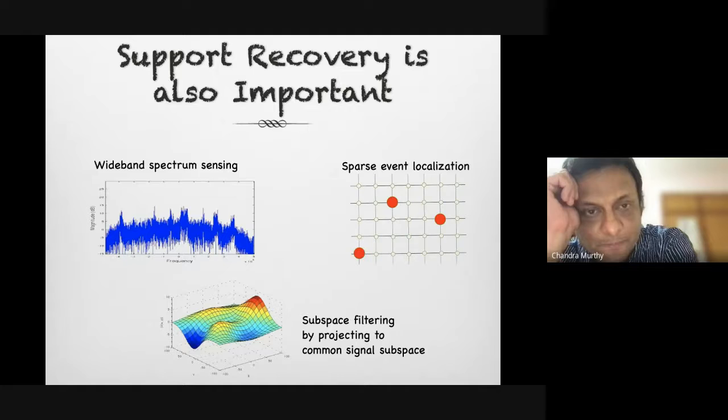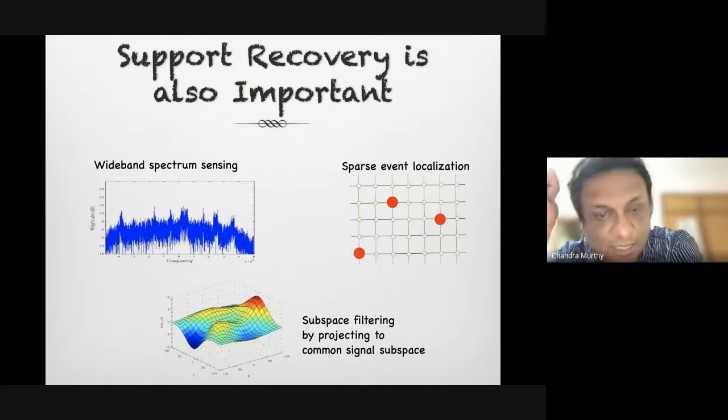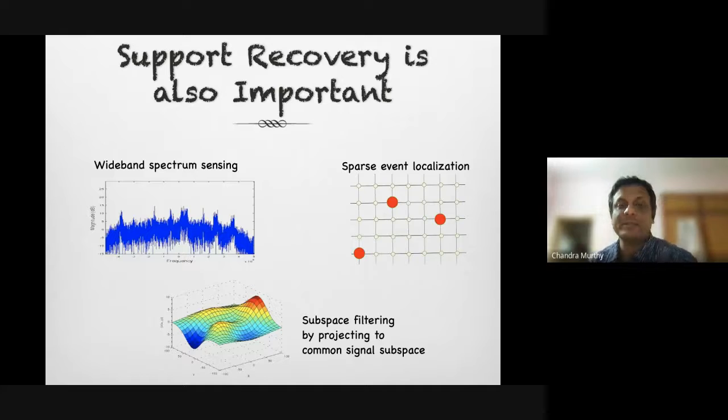Now, in addition to sparse recovery, as I mentioned, support recovery is also important in certain applications. For example, in wideband spectrum sensing, you don't really want to know what the primary is transmitting; you just want to figure out which frequency bands are currently occupied by the primary user. Also, in event localization, an event has occurred and you want to know where it occurred.